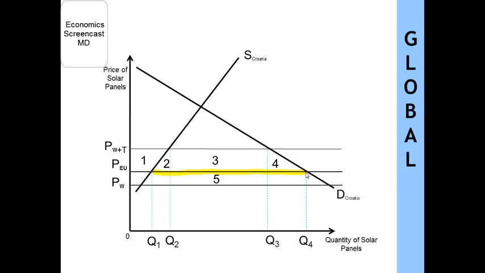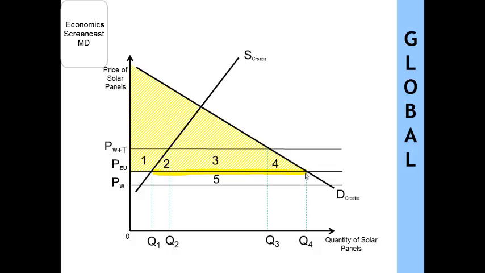This is shown by the quantity between domestic producers willing and able to produce and the total quantity demanded at PEU. Clearly there'll be an extension of demand at the lower price, but also a greater quantity of product consumed, increasing total consumer surplus in the market.